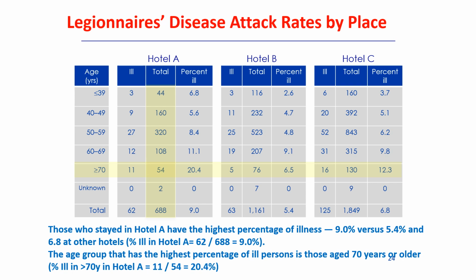So here we can see, for example, for each age group, the total number in that age group and the number who got ill, so that we can calculate a rate of disease in that age group, or rate of disease in that certain hotel.